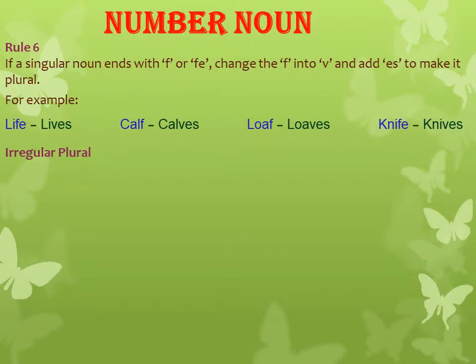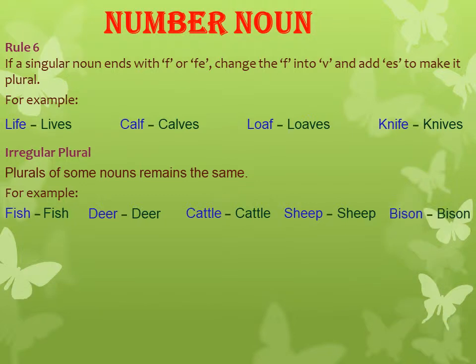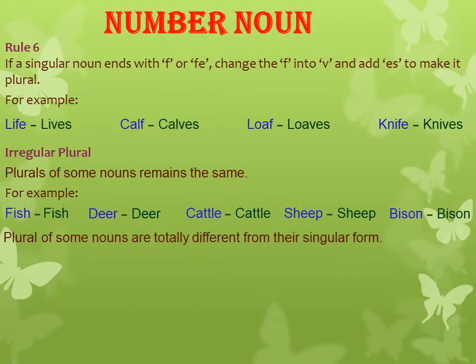Irregular plural. Plural of some nouns are totally different from their singular form. For example, fish, fish, deer, deer, cattle, cattle, sheep, sheep, bison, bison. Plural of some nouns are totally different from their singular form.